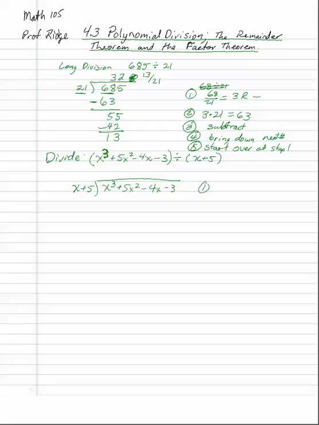And our first step is you're going to do the first term inside divided by the first term outside. So in this case it's going to be x cubed divided by x, which is x squared. So we're going to take the x squared and write it right above the x cubed.